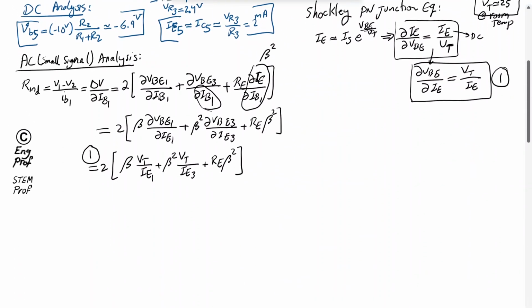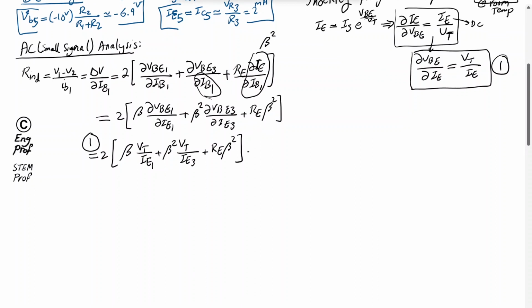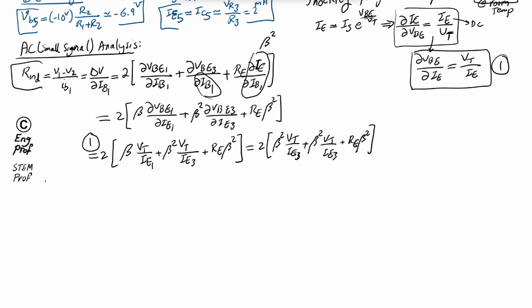So I am going to write it here, is equal to 2 times beta squared Vt divided by IE3 instead of IE1. And then again the same thing, beta squared Vt divided by IE3 plus RE beta squared. So in summary, remember we are computing the input impedance in differential mode.